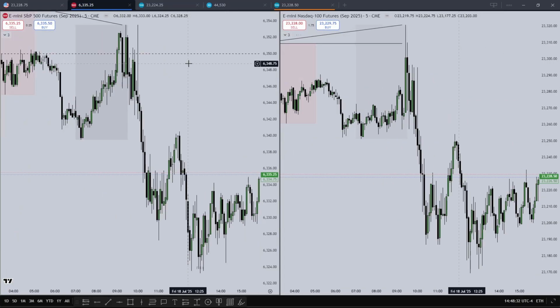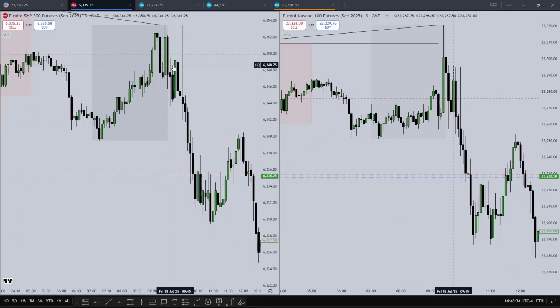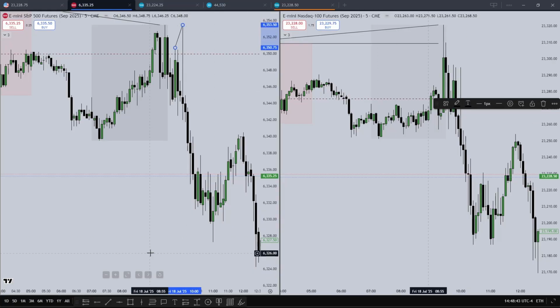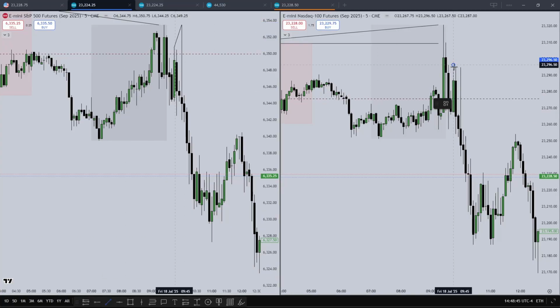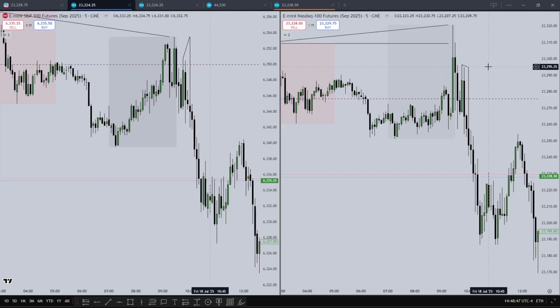Let's see the 5-minute chart. We have also another SMT, as we can see right there. This one and this one with this high. This is super bearish.